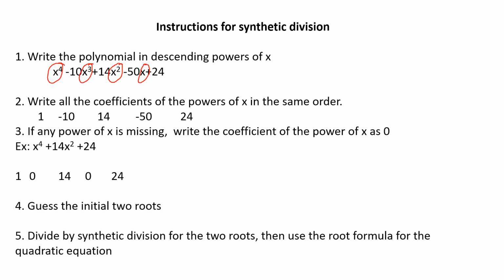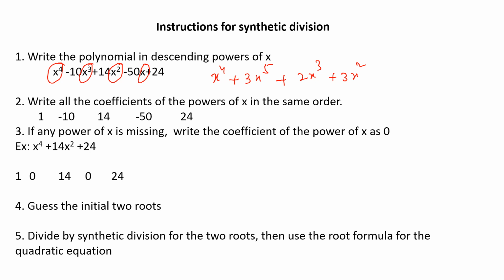Now suppose another example, x power 4 plus 3x power 5 plus 2x cube plus 3x square. Now this is not written in descending order. We have to write it in descending order. What is the maximum power of x? That is x power 5.